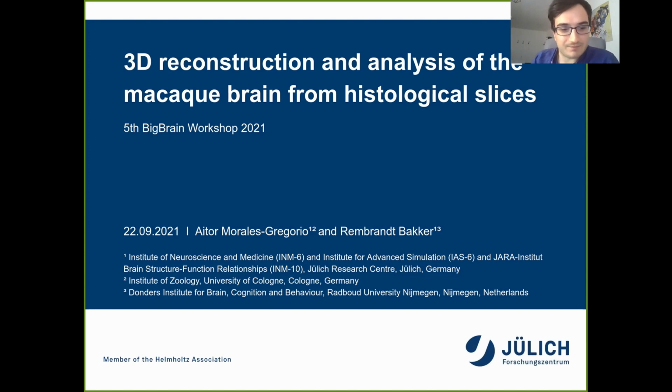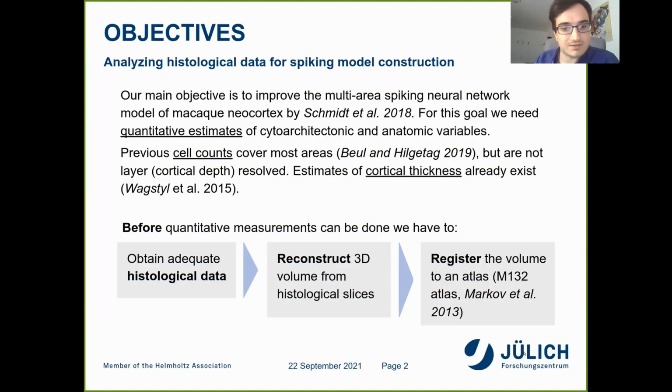So what we want to do is actually build a model. We are from the modeling side. However, our models include lots of anatomical details, such as the number of neurons and the connectivity and so on.